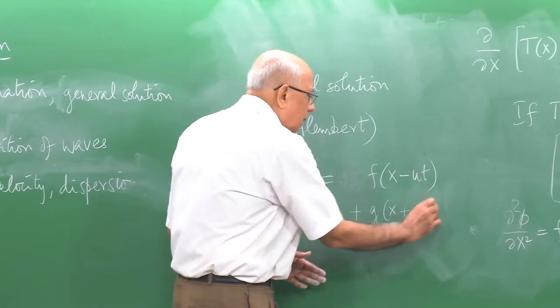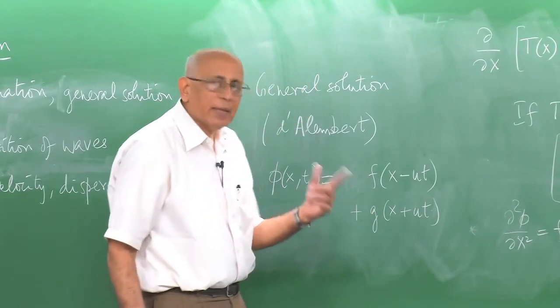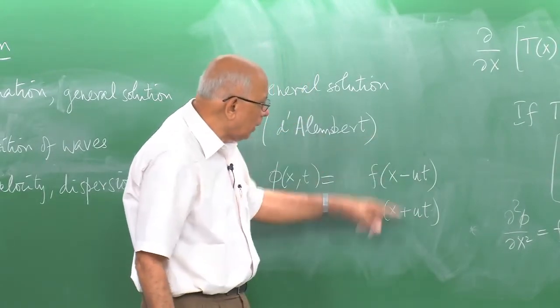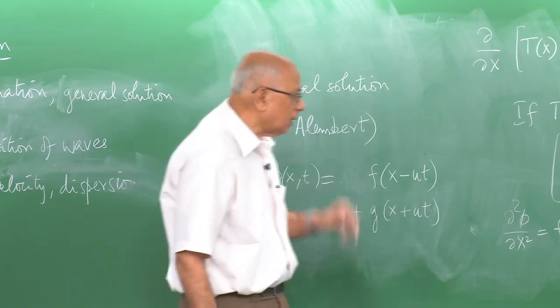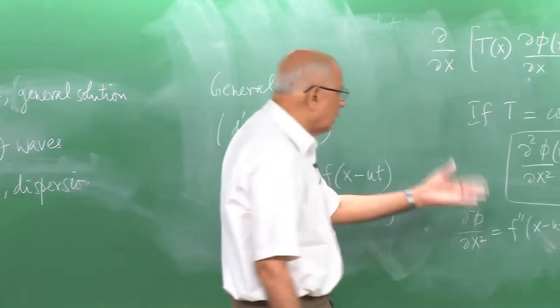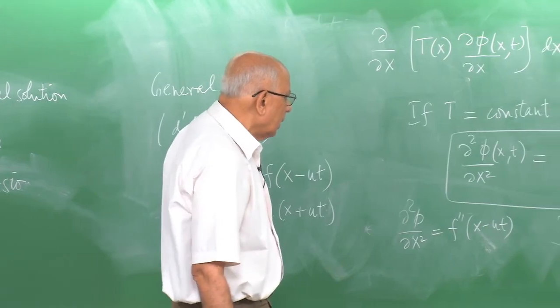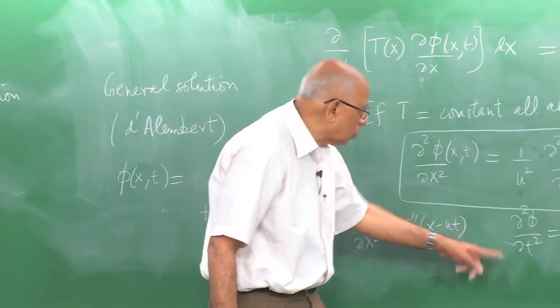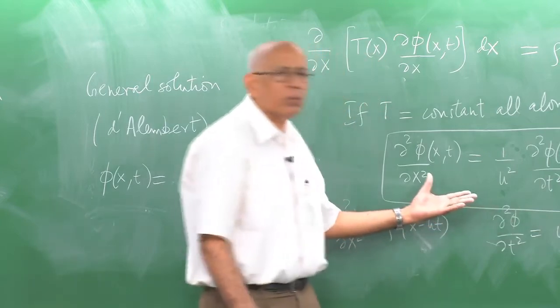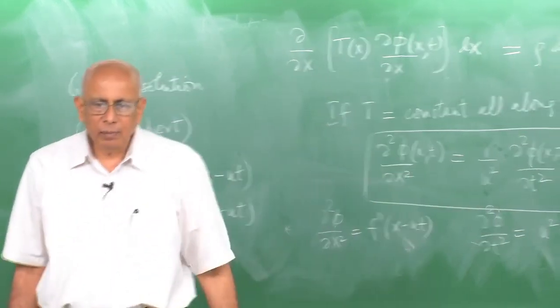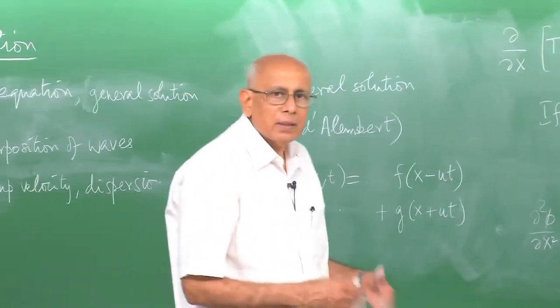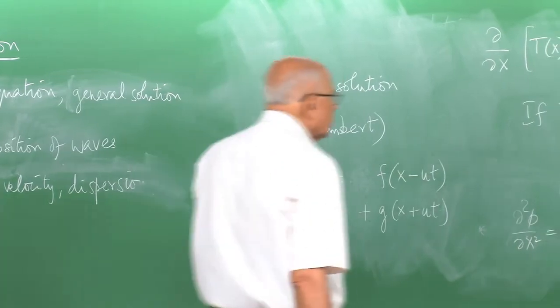Similarly for the other, because when I take a second derivative, whether it is minus u squared or plus u whole squared, it does not matter, it is exactly the same thing. So, this also satisfies exactly the same relation, and if I divide by u squared, I get this is equal to that, and that is what the wave equation is saying. So, the D'Alembert solution is more or less obvious from the structure of this equation.